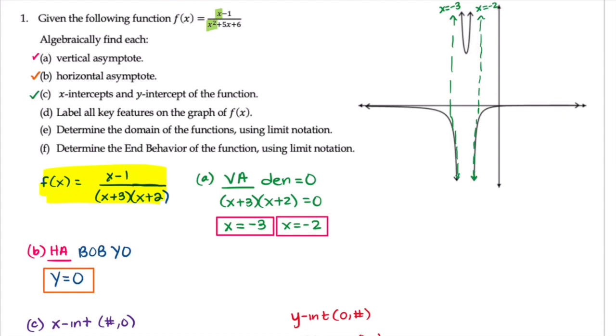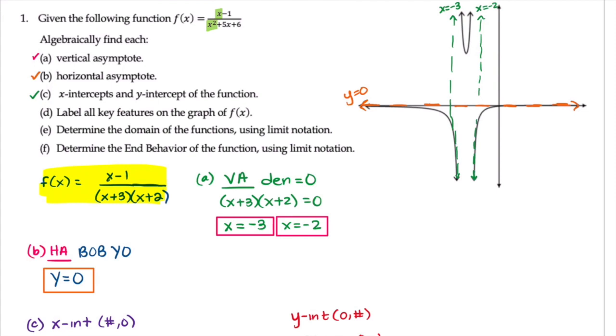I am going to label my horizontal asymptote. Horizontal asymptote is the line y equals 0, which means it's the x-axis. And again, dashed line, and I'm going to label it. Besides this, we are going to need to label that x-intercept and the y-intercept.